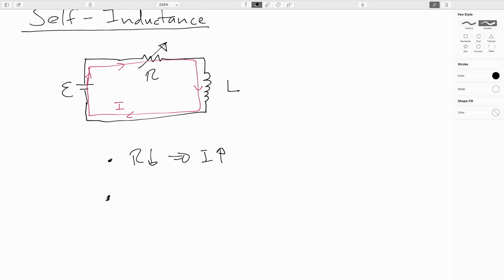Okay, yeah, reasonably enough. If the current goes up, this means we're making a bigger magnetic field inside our coil of wire, because that's what an inductor is, a coil. So the field goes up, the area doesn't change, so the magnetic flux increases.